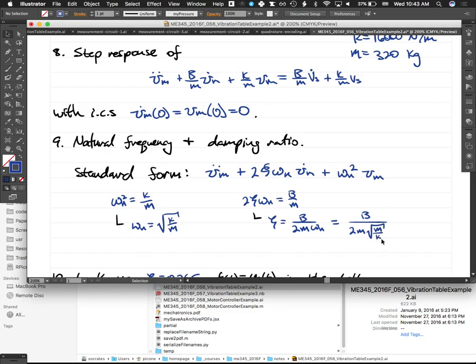K over m. Can't remember these things today. I have my ratios wrong. K over m. And that is just equal to b over 2 root m k. It's a very pretty k. There we go.